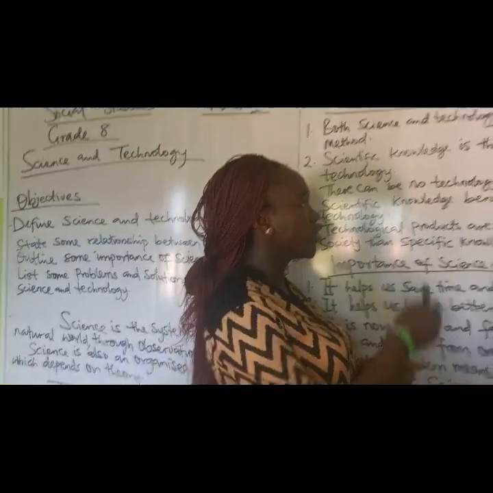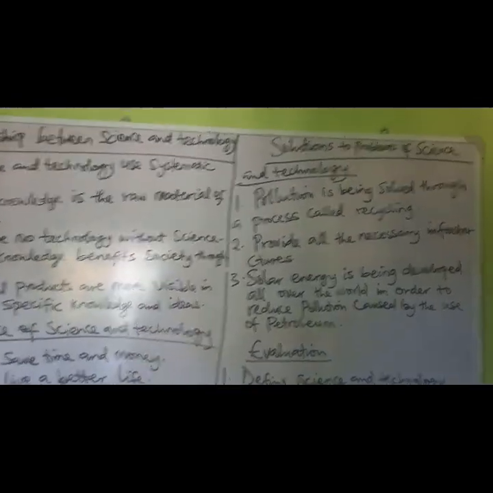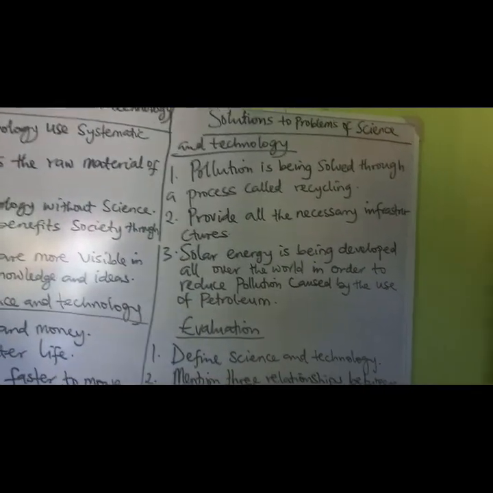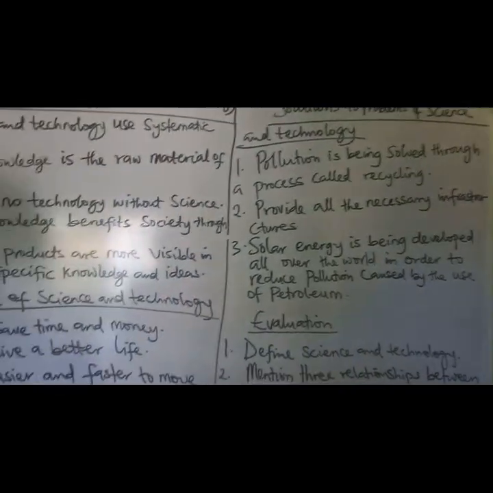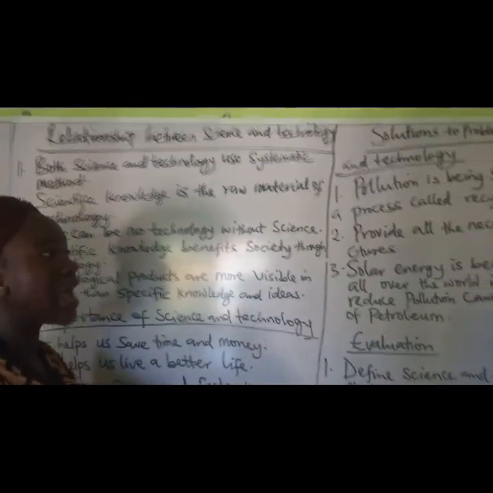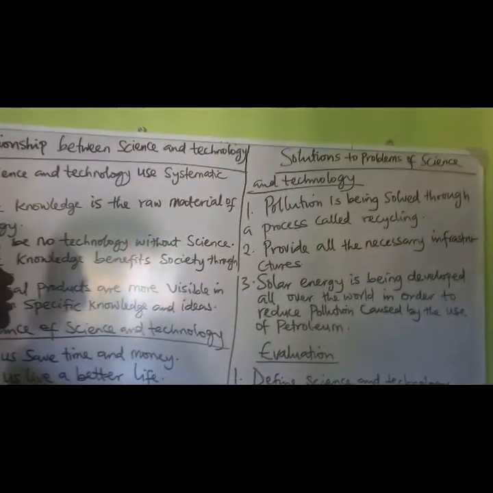So what are the solutions to these problems that we talked of on science and technology? One, pollution is being solved through a process called recycling. So the knowledge of science and technology has helped us to recycle those products to be used.